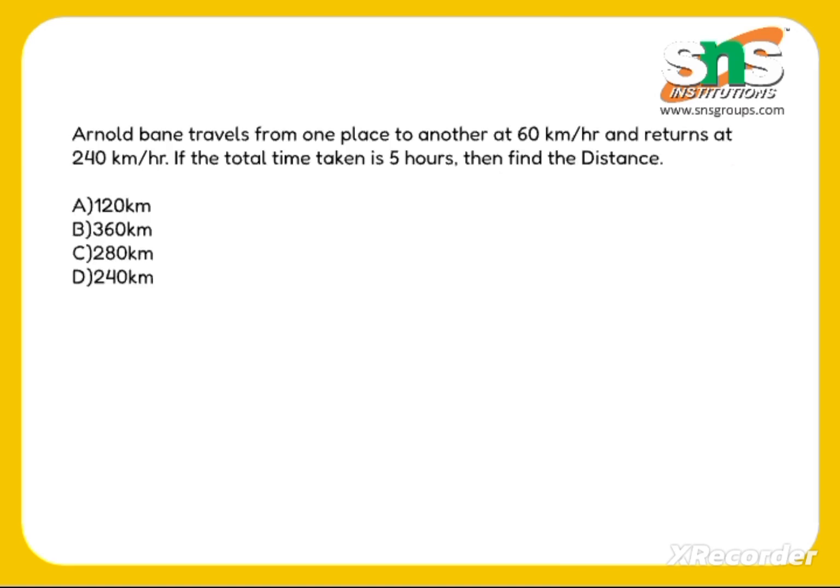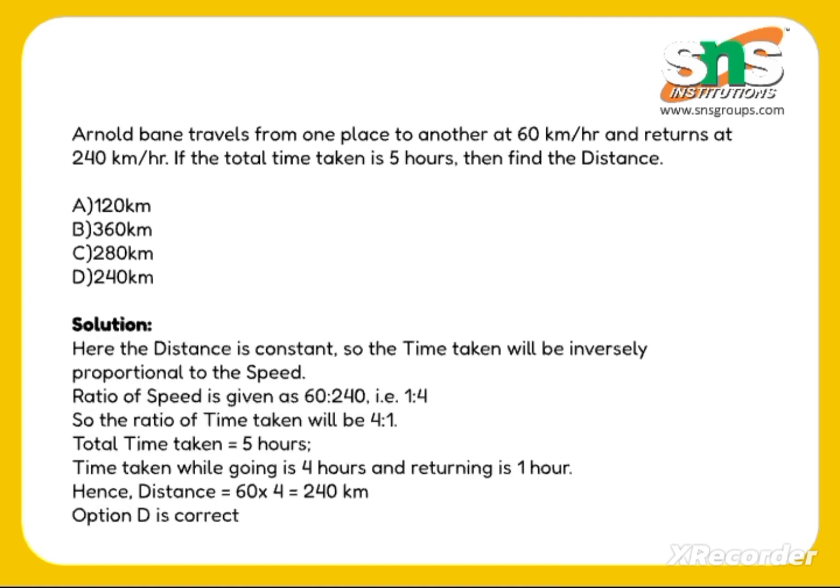Okay, now here there is a question. A person travels from one place to another at 60 km per hour and returns at 240 km per hour. If the total time taken is 5 hours, find the distance. Now, here the distance is constant, because he is traveling from one place to another and returning.